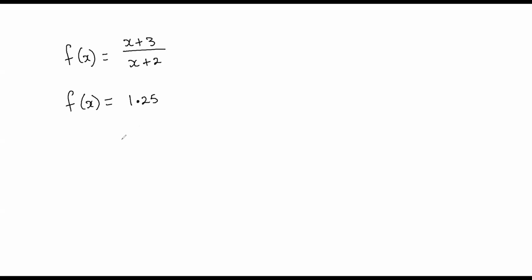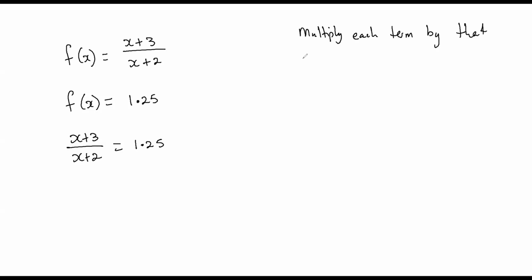Now again, the steps don't change. x plus 3 over x plus 2 will be equal to 1.25. When it comes to a question like this, whenever you have your variable in the denominator for one of your terms, multiply each term by that denominator.